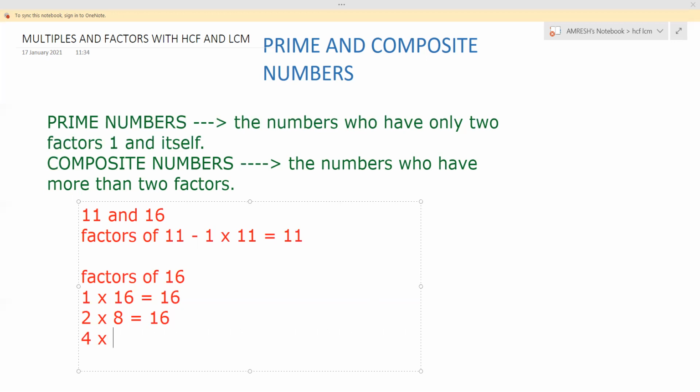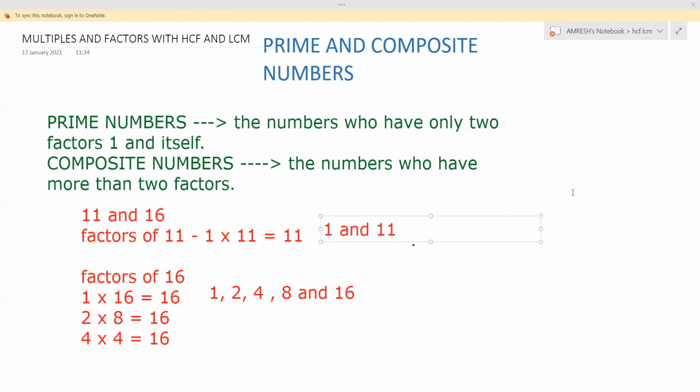You remember table 4. 4 fours are 16, no need to repeat it. 8 twos are 16, 16 ones are 16. So the factors of 16 are 1, 2, 4, 8 and 16. Factors of 11 are 1 and 11 only.